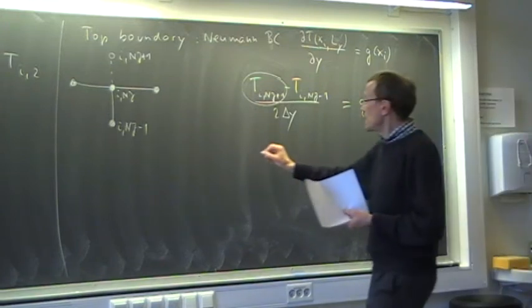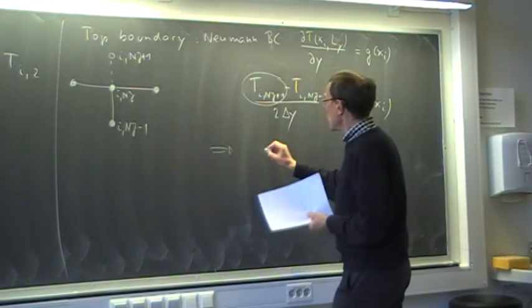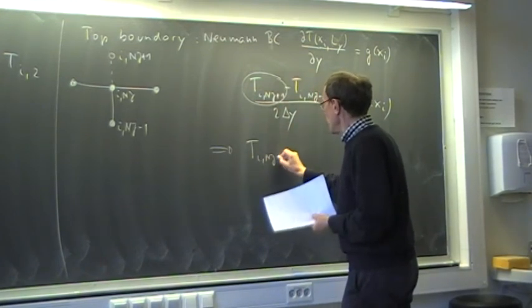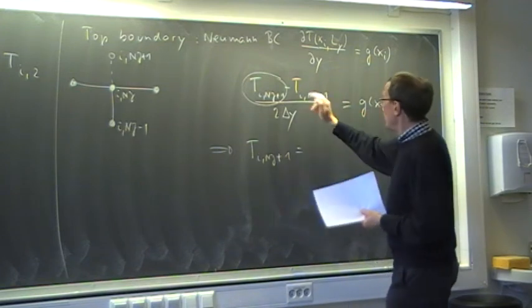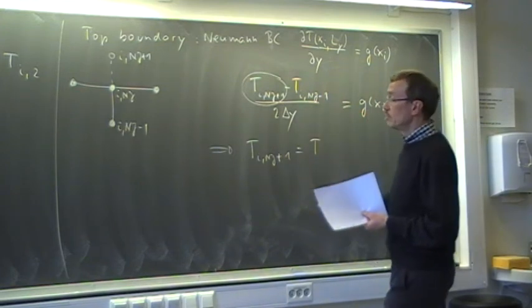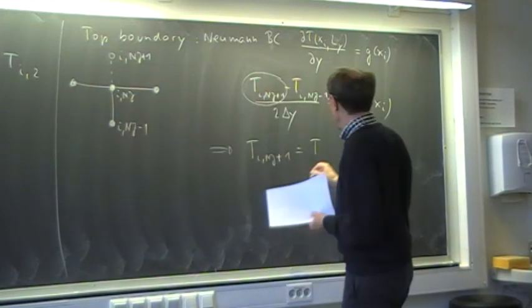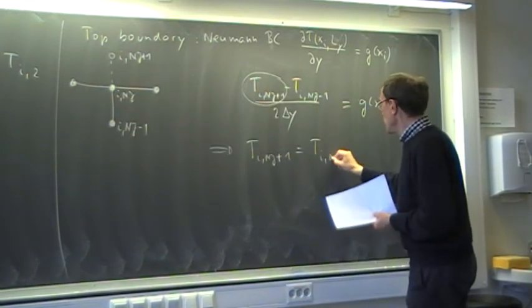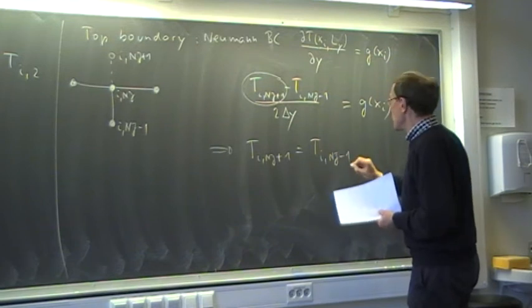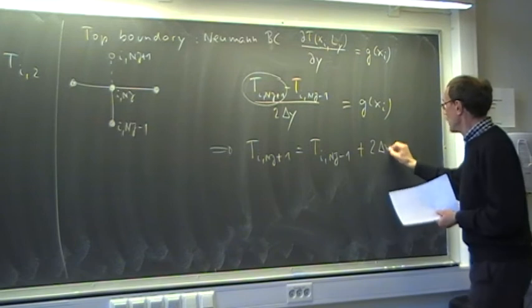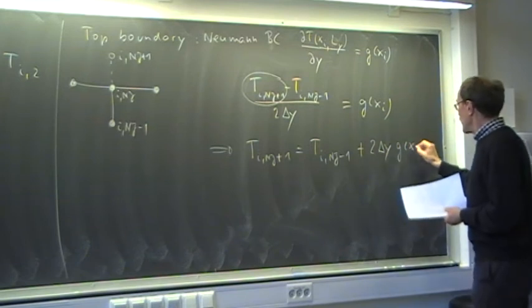And from that we see we can express the ghost point value T i,nj+1 by the value that we have for the southern point, T i,nj-1, plus we multiply 2 delta y g of xi.